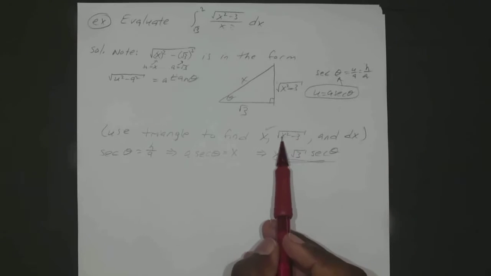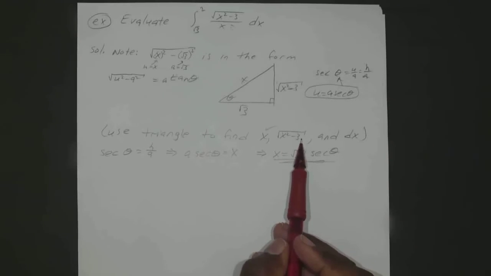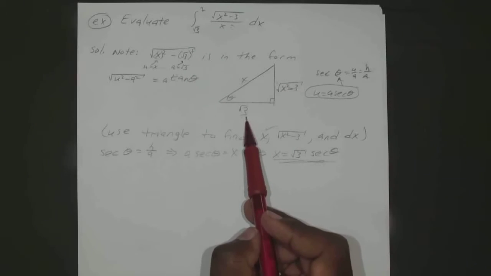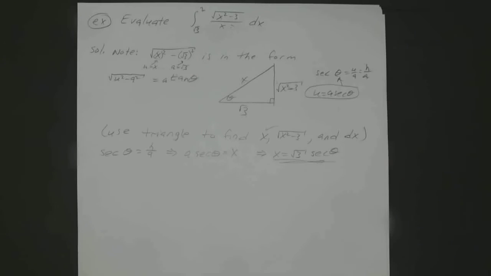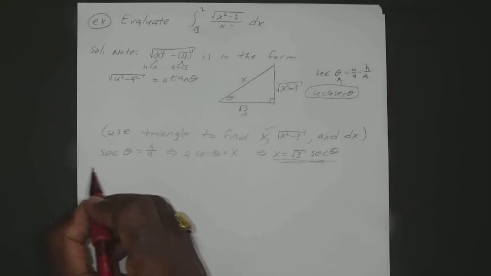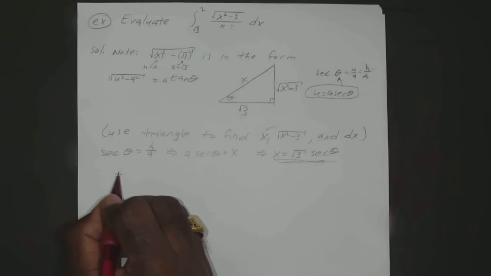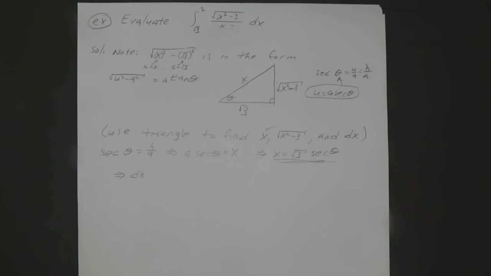Okay, so now we're looking for our square root of x squared minus 3. We can get the square root of x squared minus 3 over square root of 3, so we could find it. Since we have our x, we might as well find our dx, just to stay in order.